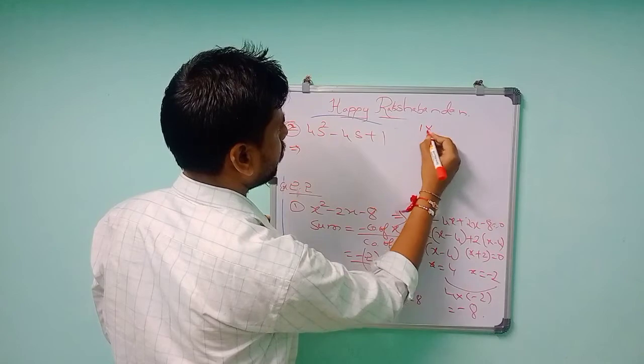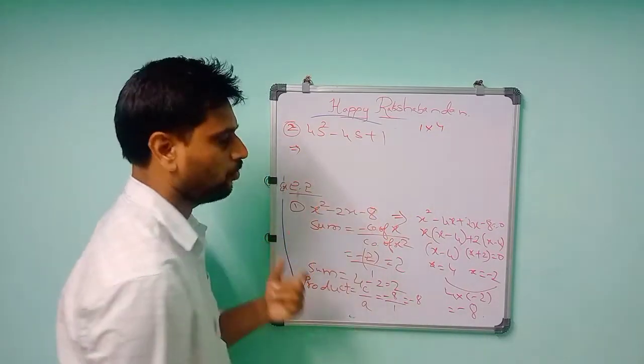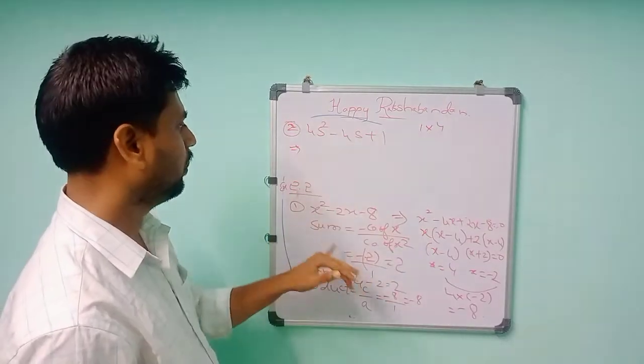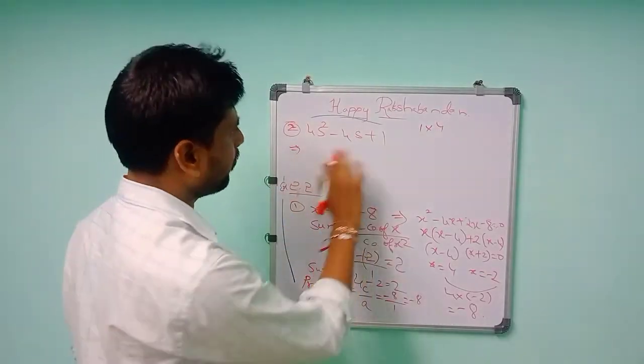So you can split 1 into 4, the coefficient of x square, and here the variable is s. They can give any variable. If they take it in terms of s, you have to take s here. 4s square minus 4s plus 1.